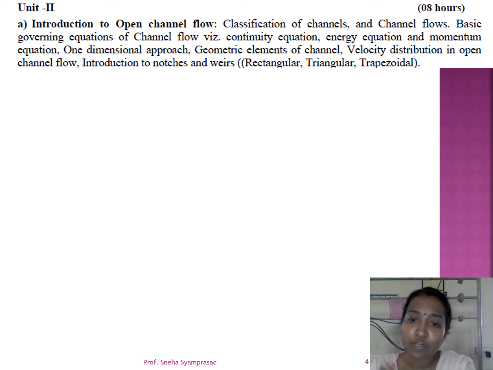For example, if you take a rectangular section, what is the diameter, what is the area, what is the discharge? After deriving, you will get the formulas for each and every type of channel. That is called the geometrical elements or geometrical sections of open channel flow.